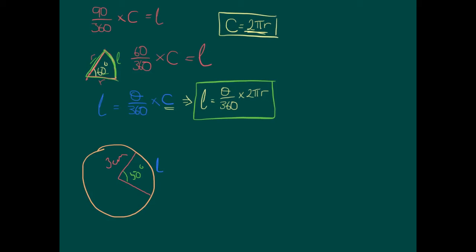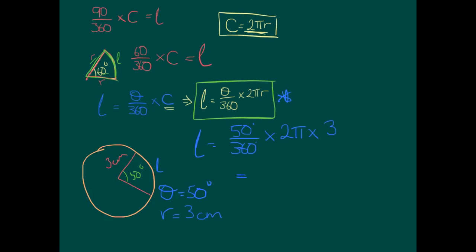I would simply use the formula, substitute in my values, and get the value for my arc length. So L equals theta, in this case 50 degrees, and r is 3 centimeters. We substitute 50 divided by 360 degrees, multiplied by 2 times pi times the radius, in this case 3 centimeters.